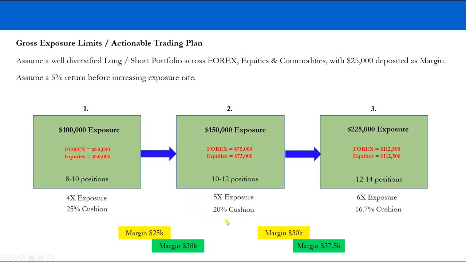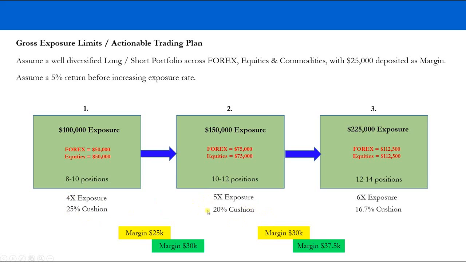This provides us on a 5 times exposure level a 20% cushion, so we can lose 20% before we actually receive a margin call. But because we've increased our diversity in our portfolio, the likelihood of that happening is the same or less as it was before. So very unlikely.